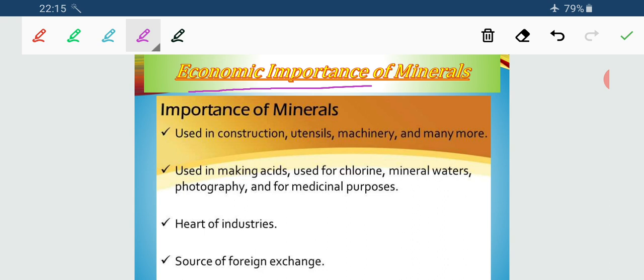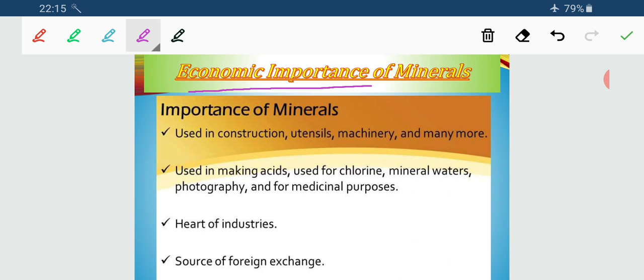So our entire day-to-day life depends upon minerals, and all the needs that we gather from various sources also have mineral utility. Whether it is construction, utensils, machinery or other activities, minerals are very much important.